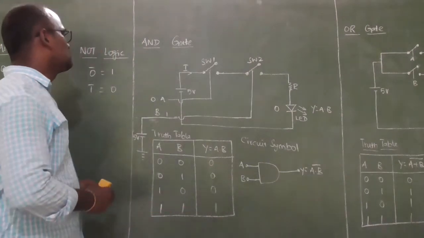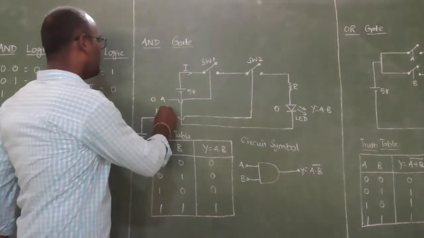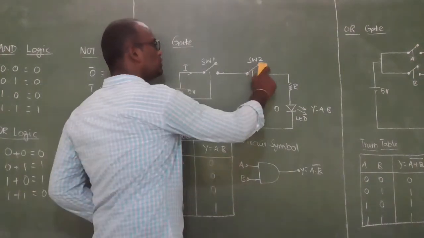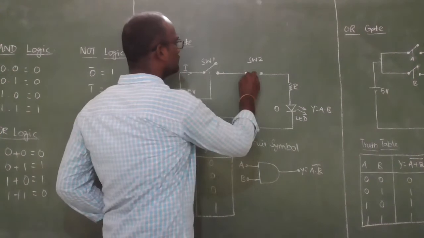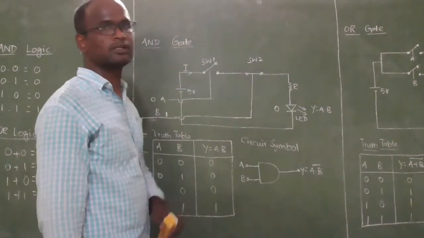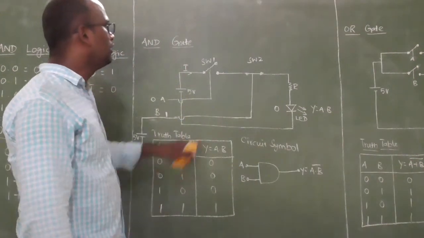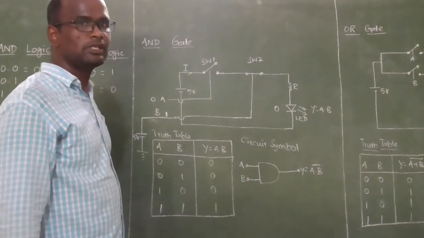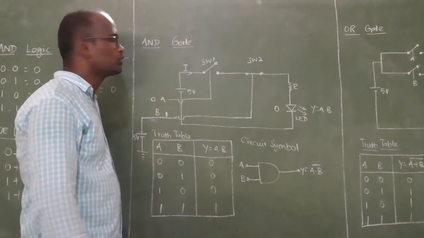Understand? So if we apply logic 1 for this input, switch 2 gets closed and it is ready to conduct. But even though switch 2 is in on condition, switch 1 is in off condition, that means open condition.